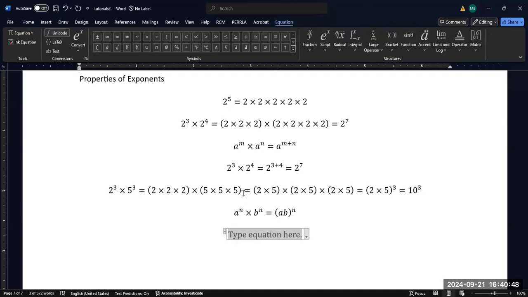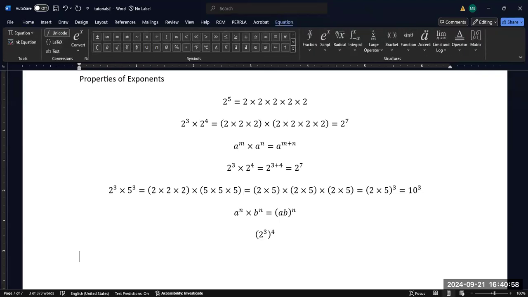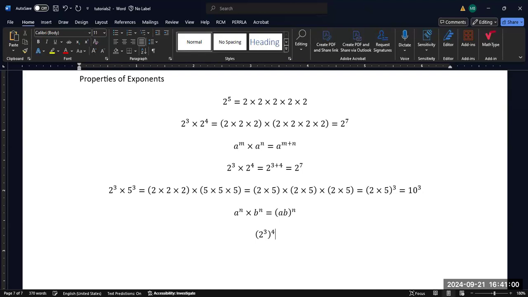Now, another property that you can use is when you raise an exponent to an exponent. Now, again, if we multiply this out, then we're getting 2 times 2 times 2.